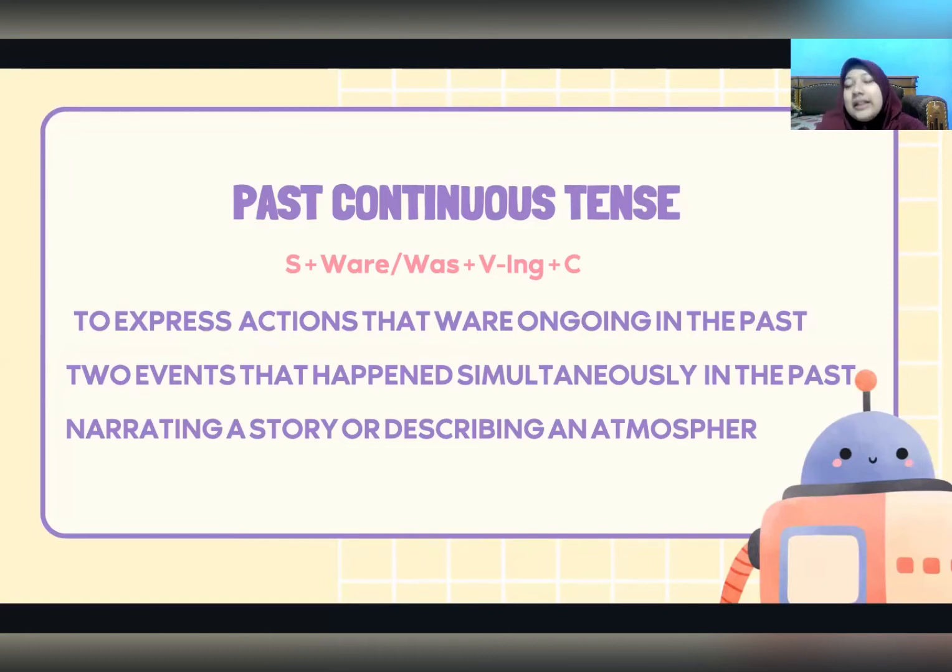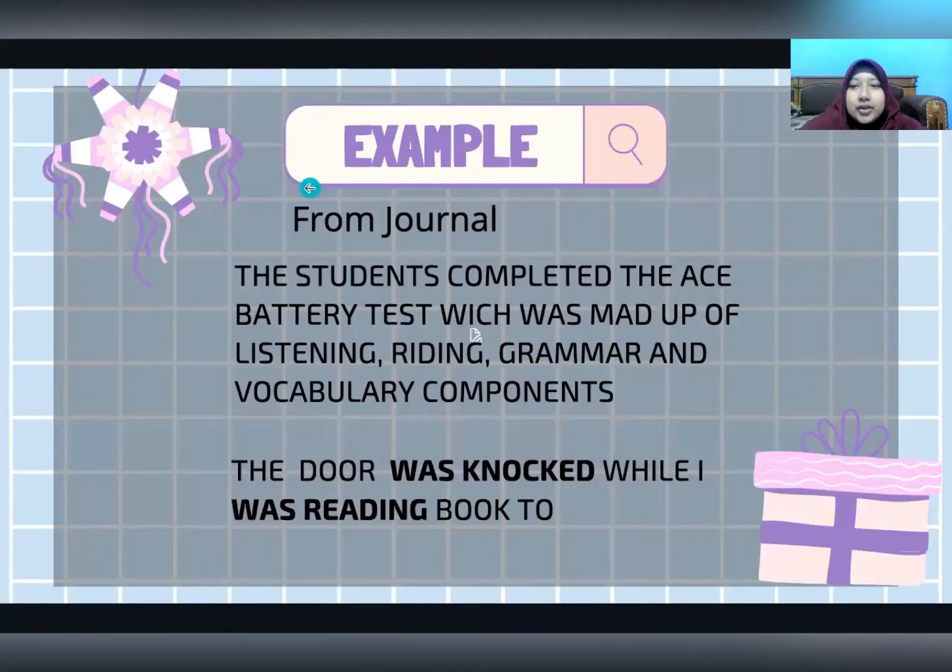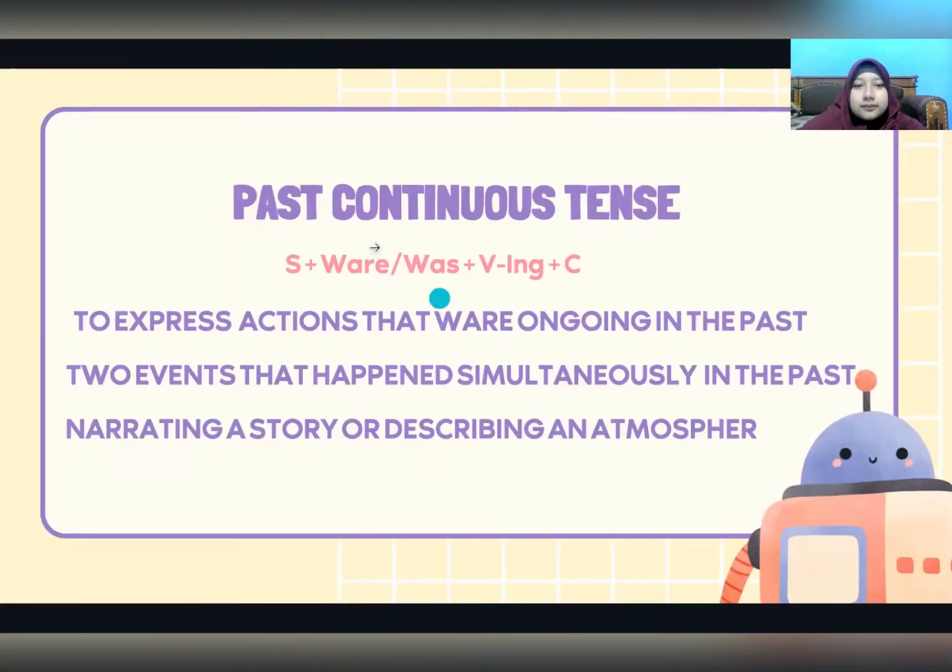I have an example from the tenses that I got from a journal. The students completed the test, which was made up of listening, reading, grammar, and vocabulary components. The formula of the past continuous tense is subject plus to be, where the to be used is were or was, plus verb in -ing plus complement.